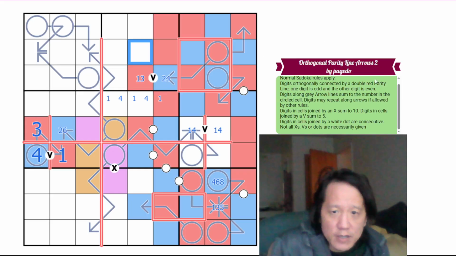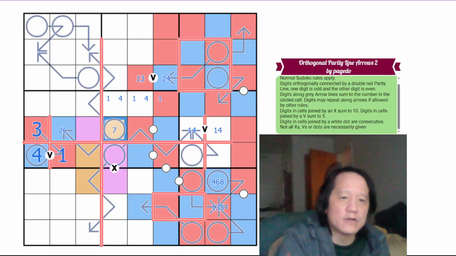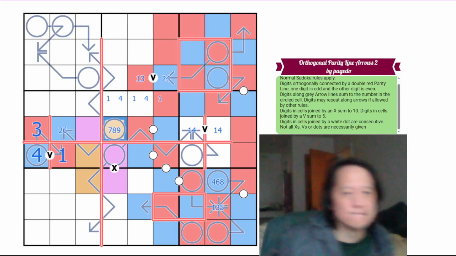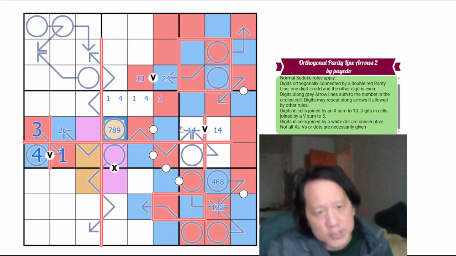What else do we have? This has to be at least 2 and 5, so this is 7, 8, or 9 here. These digits are consecutive.